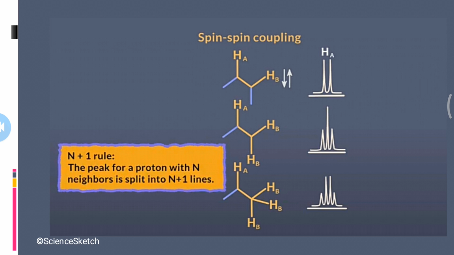Another example: HA interacts with 3 protons and gives a quartet using the n plus 1 rule. The peak for a proton with n neighbors is split into n plus 1 lines. This is spin-spin coupling.